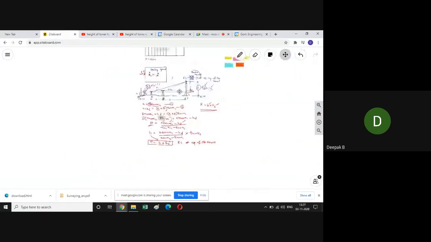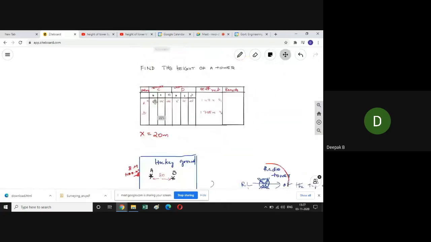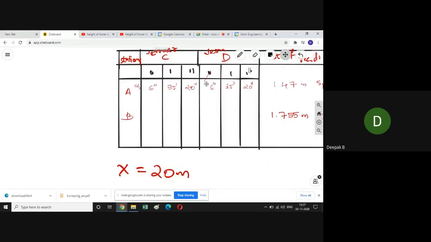So we have the final reading with us now. That is alpha 2, that is 6 degree, 48 minute, 0 seconds. And in the vernier D also you have the same reading, that is 48 minute. You can write 6 degrees, 48 minutes and 0 seconds.